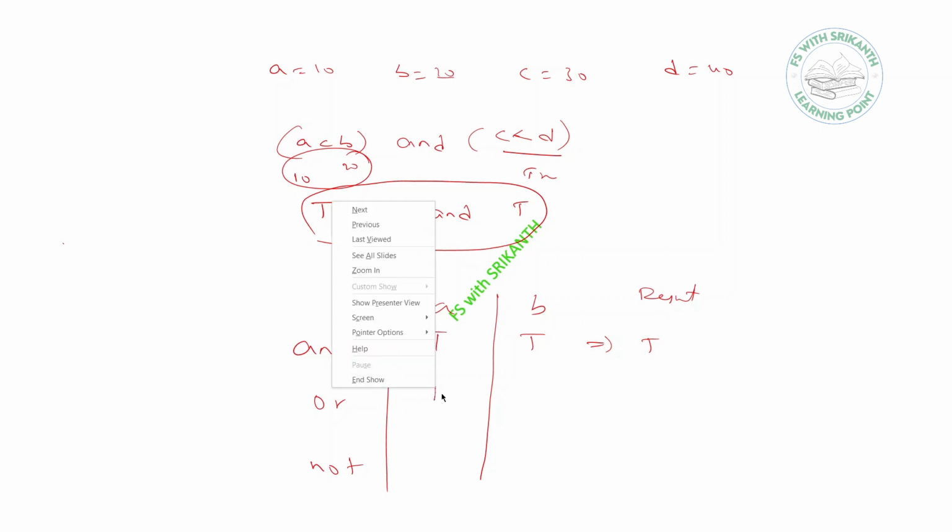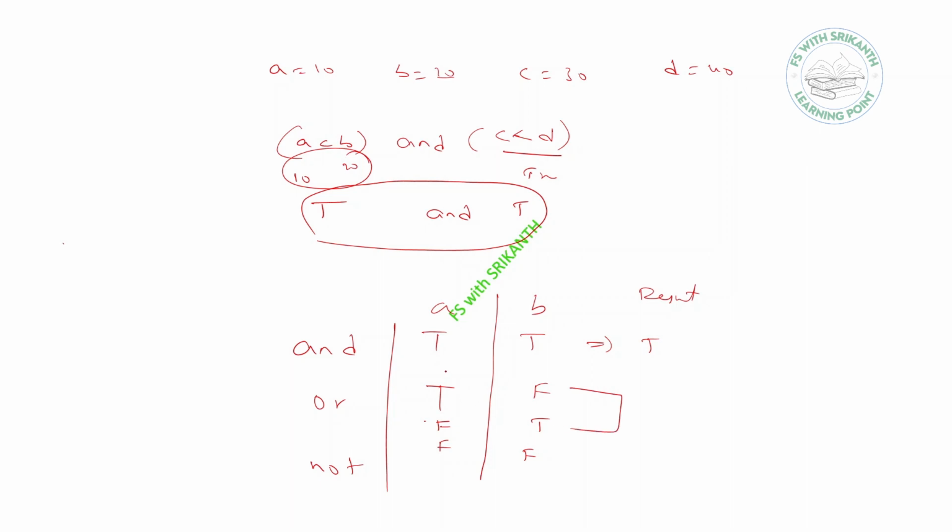Then A value true and B value false, A value false and B value true, and both false. For or, in this situation both could be true also, we get true. If any one result is true, it will be true, and if both are false, it will be false. And not, in the sense, true goes to false and false goes to true. So it changes the result.